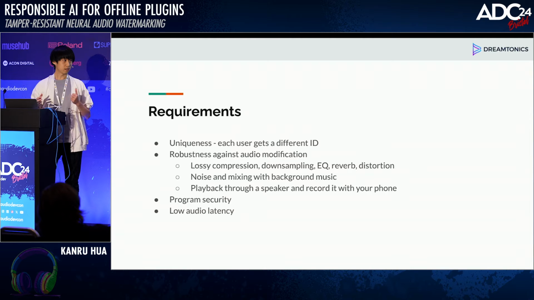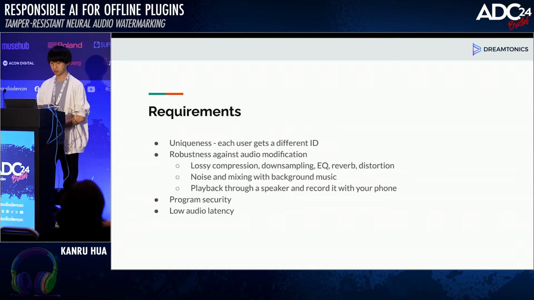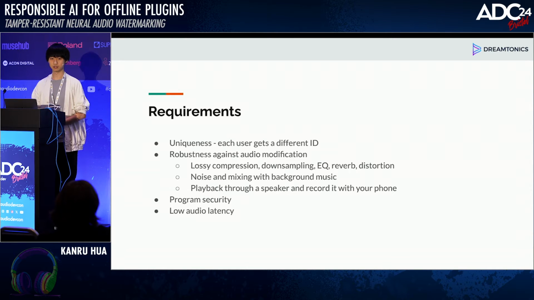Or as I'm doing this demo, the voice is transmitted through the speaker, and if you record it on a phone, you'll still be able to extract the watermark. Then program security: hardening your program against crackers, so the watermark part cannot be bypassed. And lastly, being able to add watermarks without increasing the audio latency. So there are a lot of requirements.